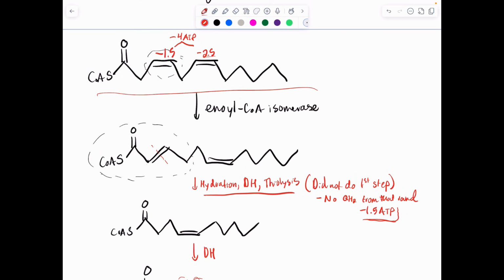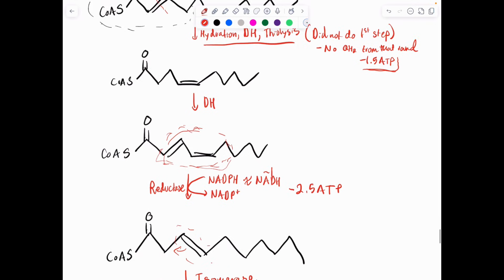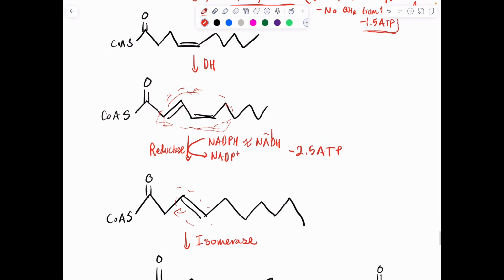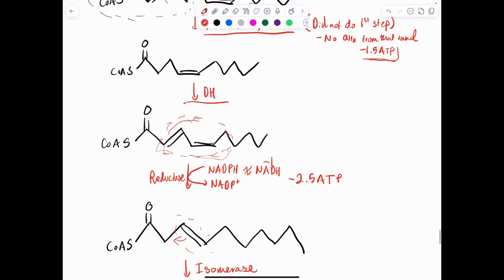All right, so one of the questions I've got has been why you don't also subtract another 1.5 ATP from the subsequent double bonds. The important thing to recognize is that when you go through this step where you have this weird intermediate right here, you have already gone through the first step. You've already done the first dehydrogenation reaction.